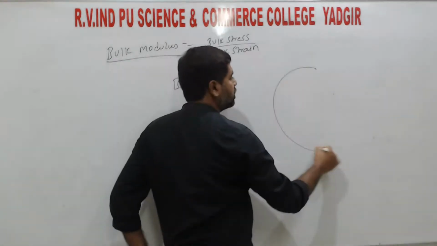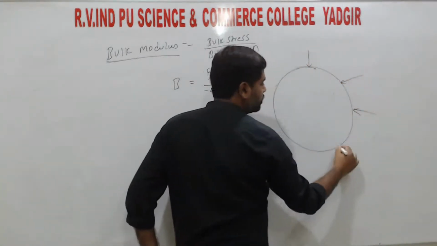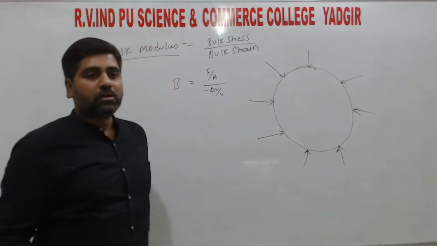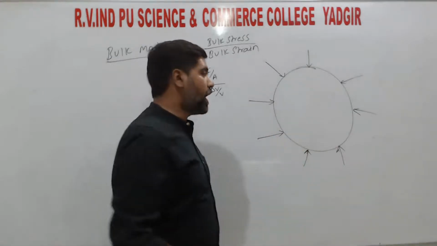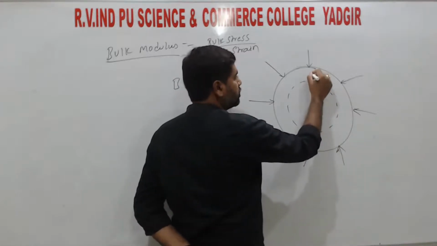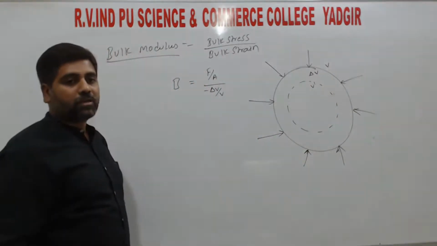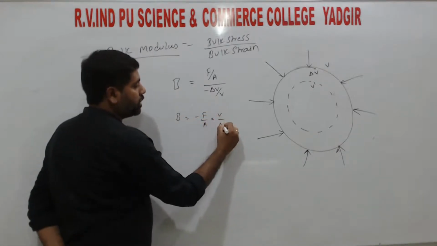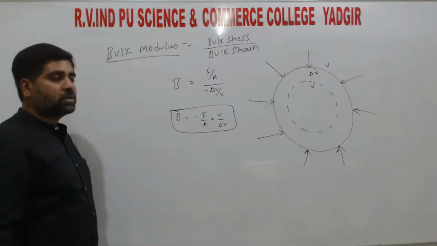Because if we consider this as one volume, the normal force acts perpendicular on the entire surface, so the volume keeps decreasing. Initially the volume is V, after it is V dash, so the volume becomes smaller. That indicates what? Minus. So B is equal to minus F by A into V by delta V. Again the SI unit and dimensions are the same here, right?